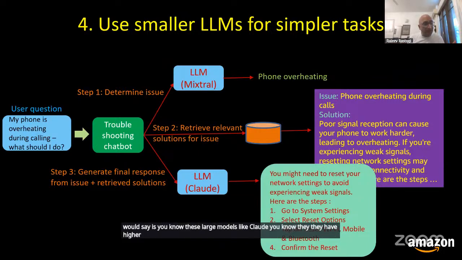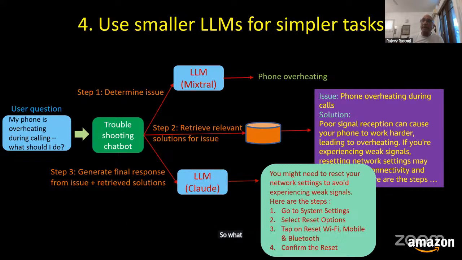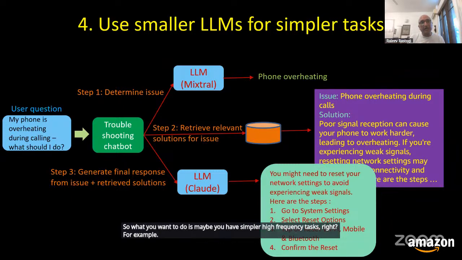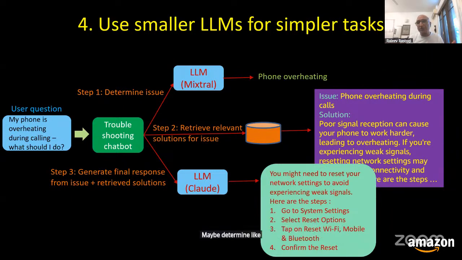accuracy for complex tasks, but they are also computationally more expensive and also have higher latency, right? So what you want to do is maybe you have simpler high frequency tasks, right? For example, maybe like step one here, determining an issue like phone overheating.